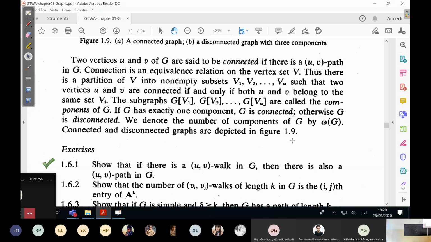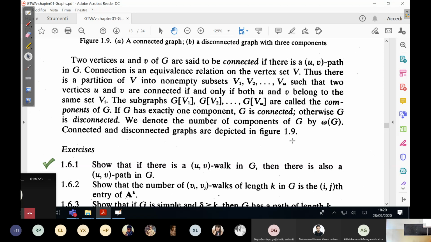But this is a course on mathematical methods. So please be very careful with the definitions. Two vertices u and v of G are said to be connected if there is a u v path in G. How can it be simpler than this? Why shouldn't you remember this easy definition?